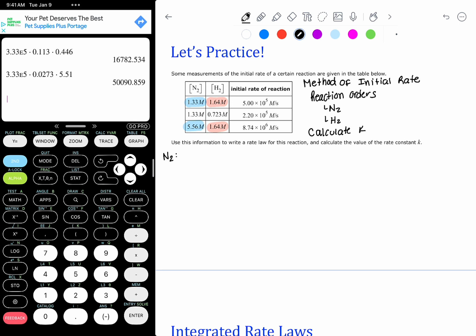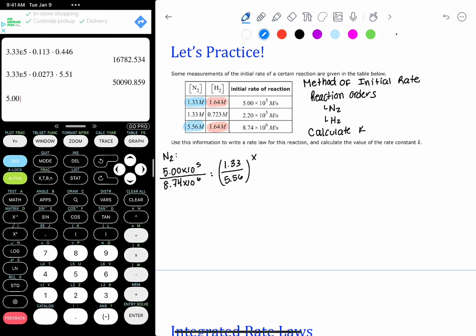So we'll take the rate of 1, we'll divide it by the rate of 3, and set that equal to the concentration in 1 over the concentration in 3. We're going to raise that to the x.